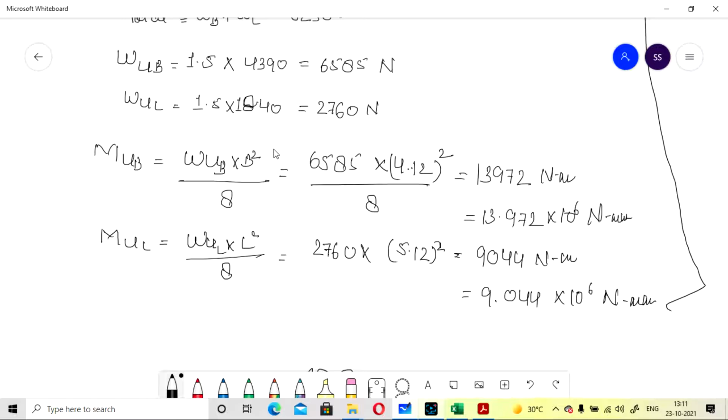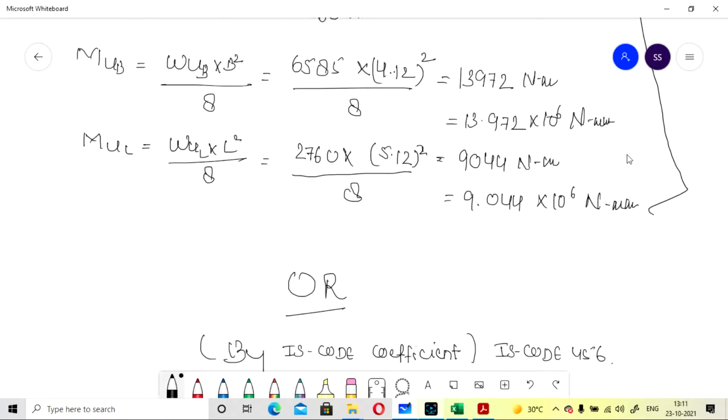Now for the longer span, WL into L square by 8. After putting all the values, for the longer span 2760 is the load, and our L will be 5.12 by 8. So it will be calculated at 9044.